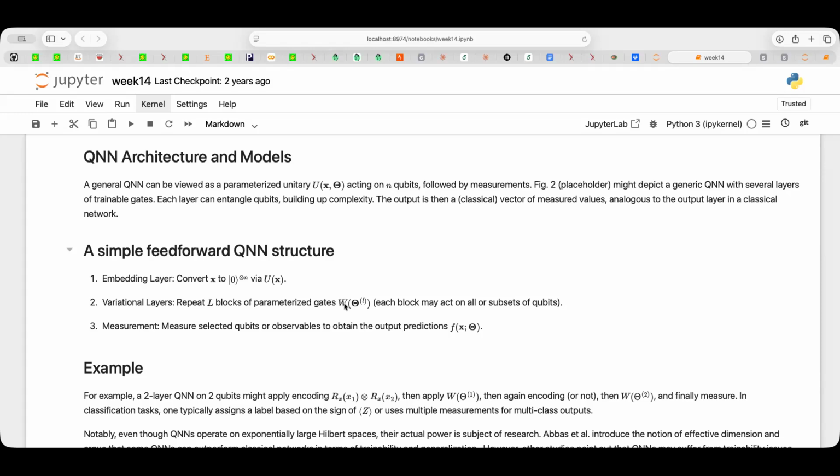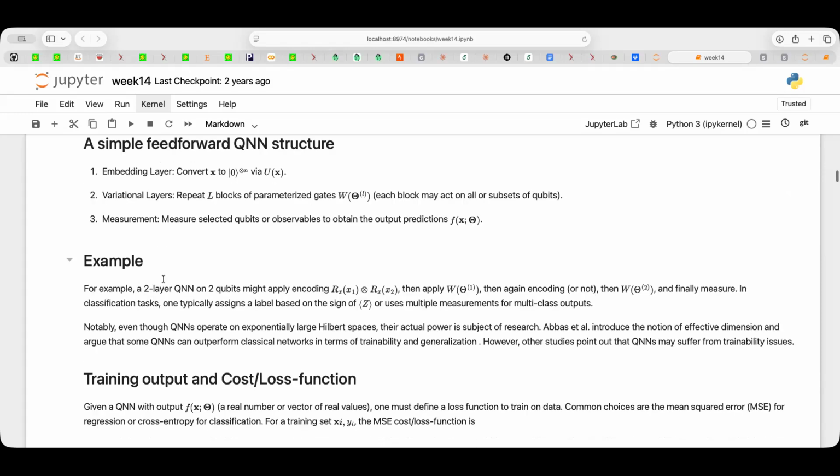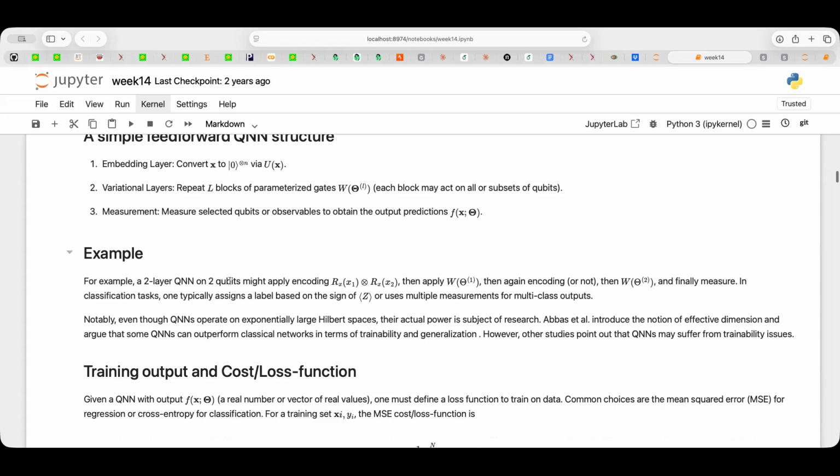If you think of, for example, a simple two-layer quantum neural network on 2 qubits, then you might first apply the encoding. This is the one which acts on qubit 1, x1, and x2. So you encode classical data into quantum data.